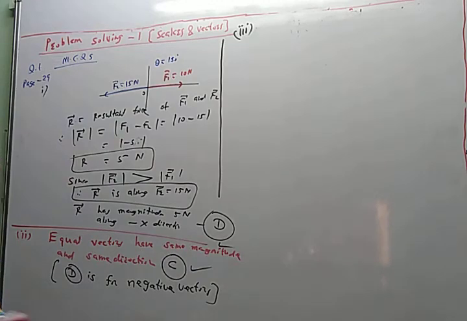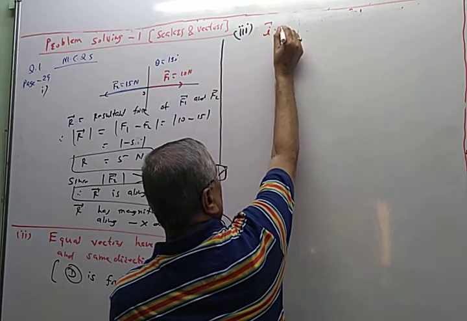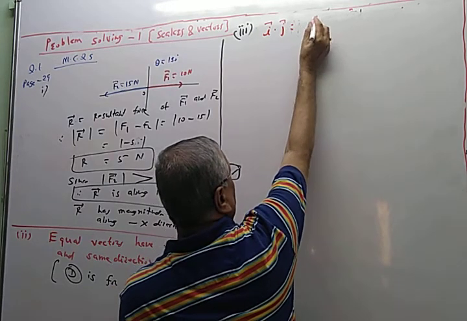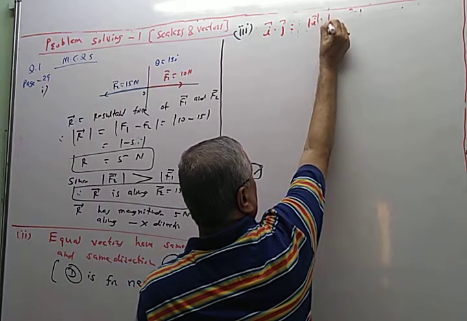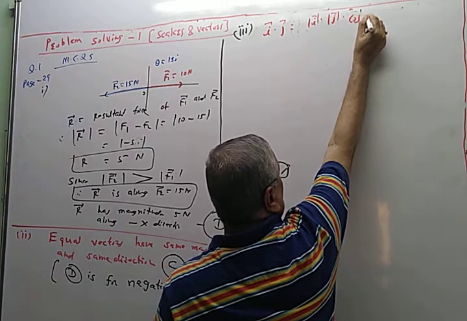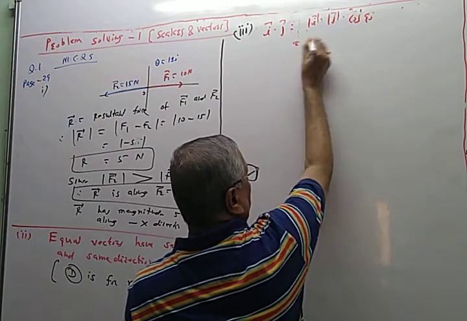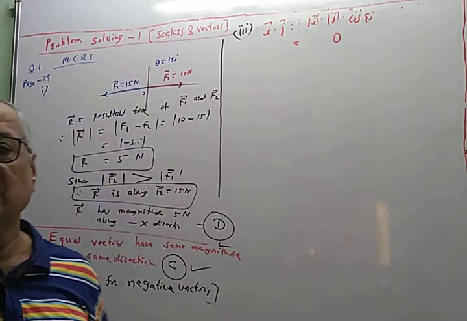So we will consider i dot j. So magnitude of the first vector into magnitude of the second vector into cos of 90 degrees, and cos of 90 is equal to 0. Therefore i dot j is equal to 0.